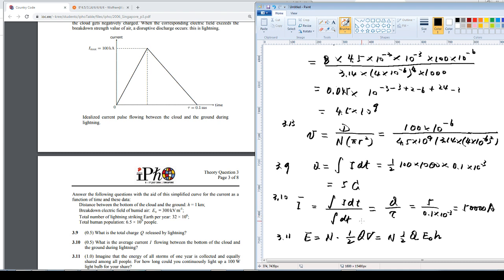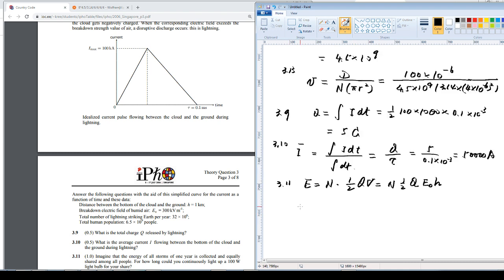And that's the total energy. So how long can this sustain all the light bulbs? It will be energy over power.